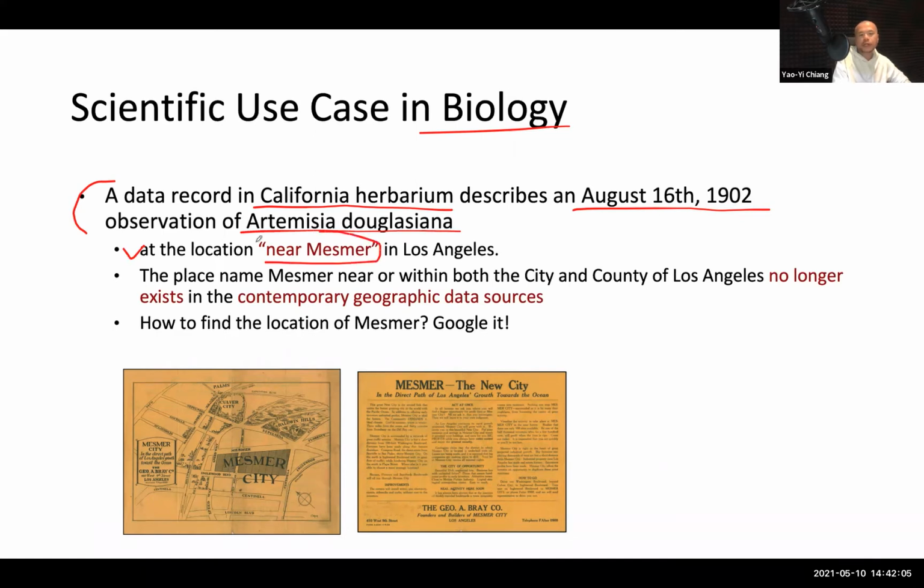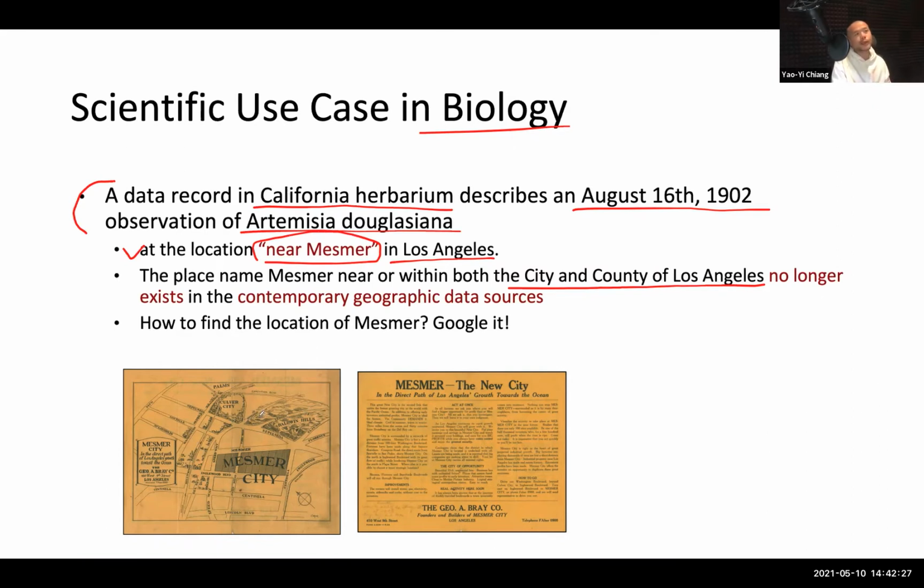In the record, it says near Massmart in Los Angeles. However, if you search Google Maps or GeoNames or OpenStreetMap, you cannot really find Massmart. There's no Massmart within the boundary of the city or county of Los Angeles. It no longer exists. So how do we find it?